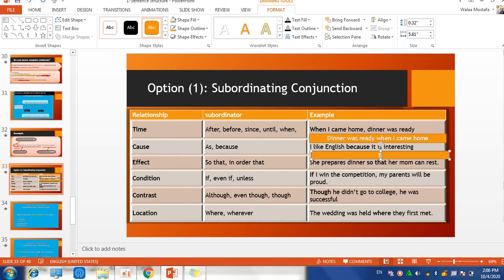I will use the noun itself: Because English is interesting, comma, I like it. Does it work? Yes, it does work, of course. It gave me a complete meaning.